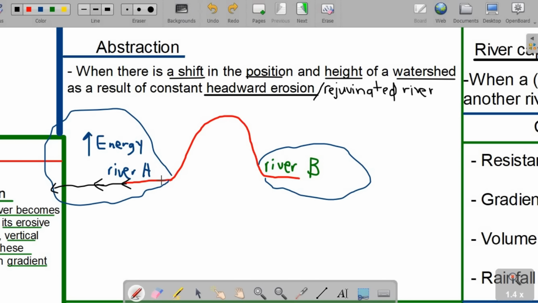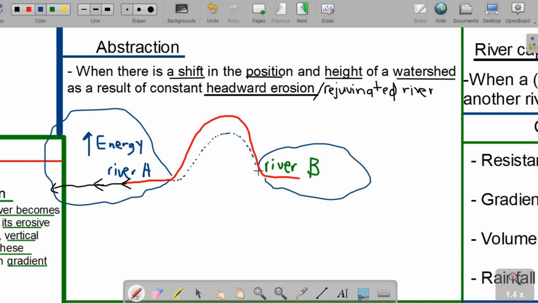Remember headward erosion, where the river is flowing in that direction, but it is eroding, going that direction. It will keep on eroding this watershed, right? Now the watershed will change its position. How? Well, it will first erode this watershed such that the material is removed this side, right? And this also goes hand in hand with the height of the watershed.